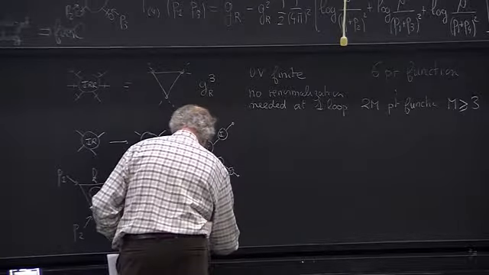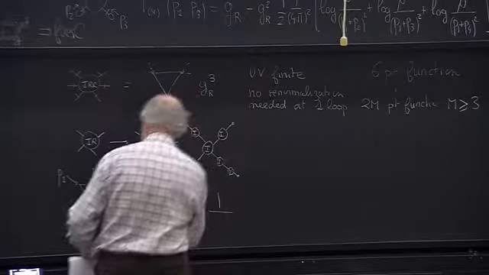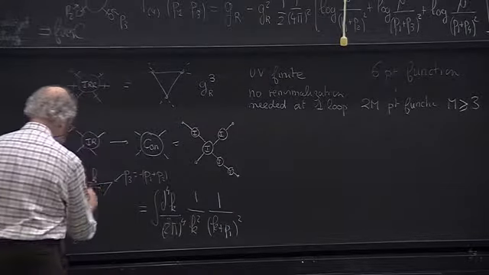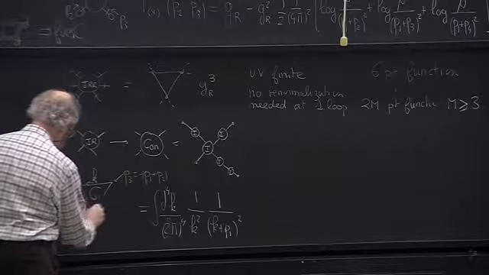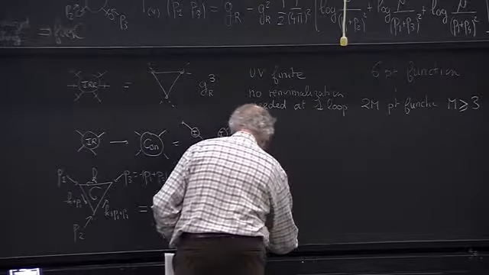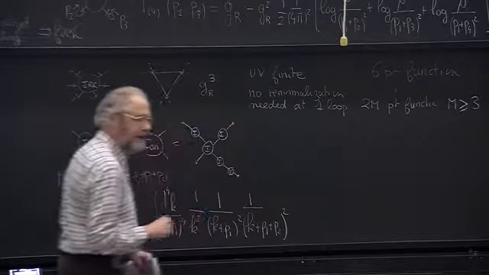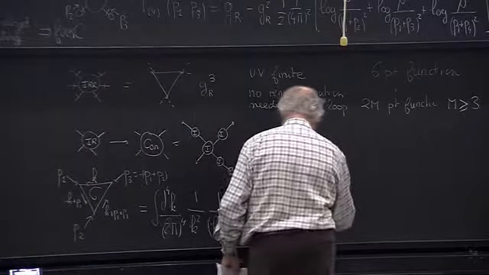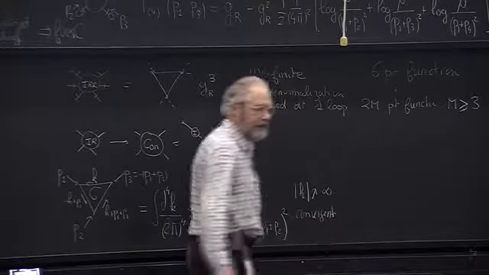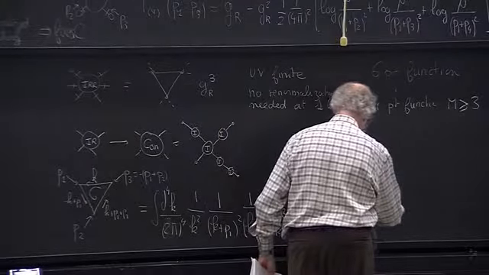And then you have 1 over K squared, 1 over K plus P1 squared, because here there is K, here there is K plus P1, and here there is K plus P1 plus P2, times 1 over K plus P1 plus P2 squared, you see. And you see that when K goes to infinity, this integral is convergent. It's just a rule of what's called power counting. I'm going to discuss that a bit later.